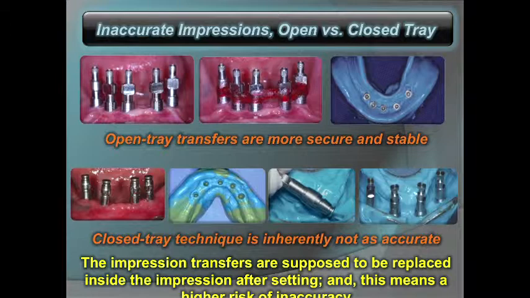Mostly because with the closed tray, which is inherently less accurate, we have to put back the transfer inside the impression. This can theoretically cause a distortion from the original position. So for that reason, we know that for any kind of long span prosthesis, passivity can be a problem if you are using only closed tray impression transfers.